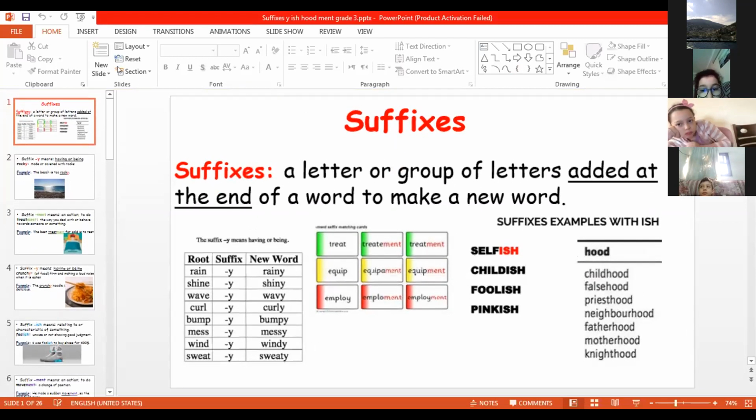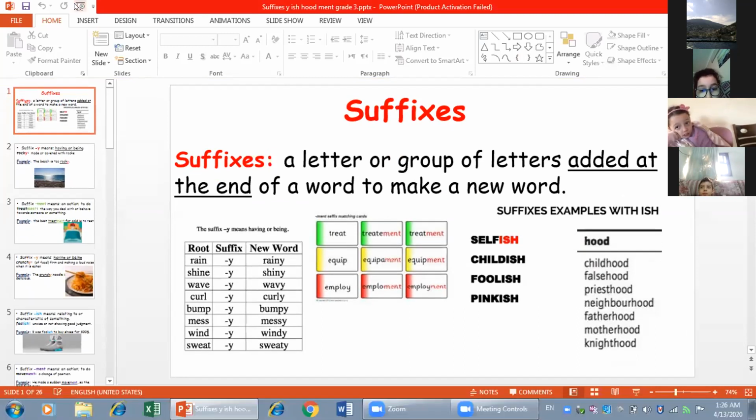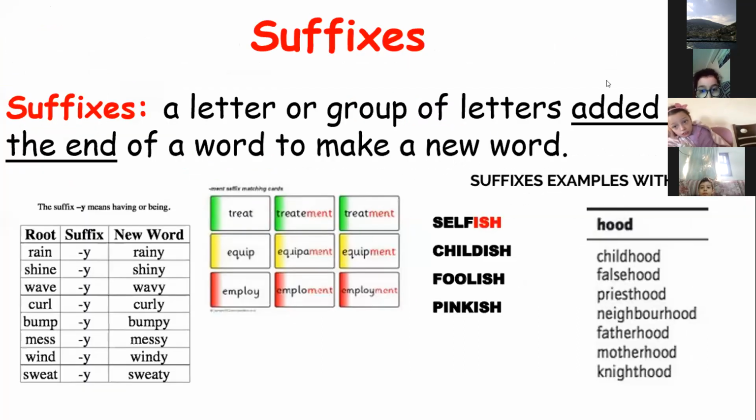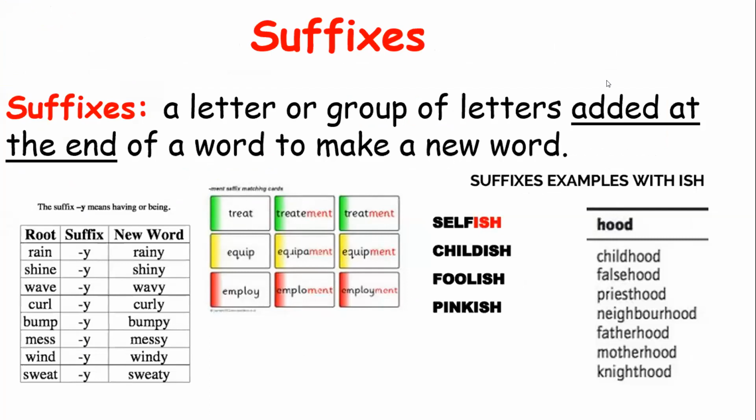So what is a suffix? Suffixes are a letter or a group of letters added at the end of a word to make a new word. The word alone, without a suffix, has a meaning, and when we add a suffix, we add a new meaning to it. Like here we have rain.